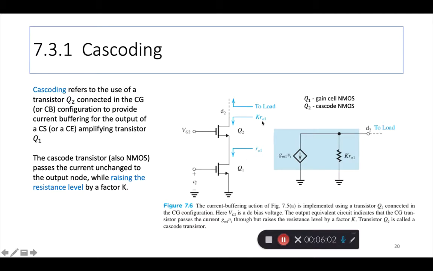The increase in resistance, a factor of K to multiply the output resistance, is what we hope to achieve with this. The load is on this side along with the current source transistor. So Q1 is a gain cell NMOS, Q2 is a cascode transistor NMOS.